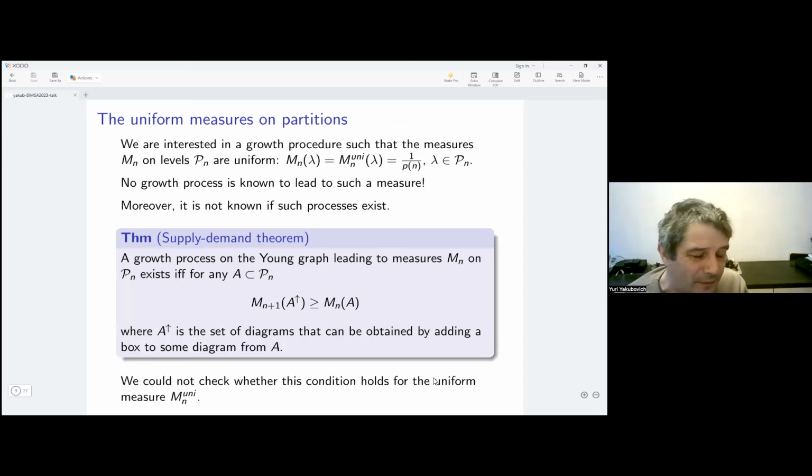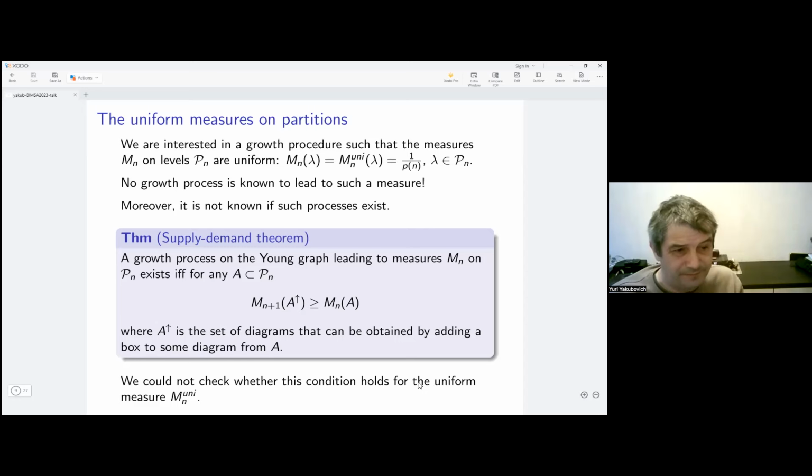What we are interested in are uniform measures on levels of the Young graph. It is quite surprising, but no process is known which leads to the uniform measure.